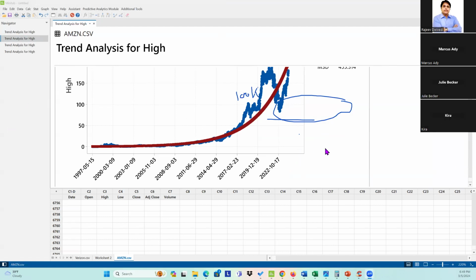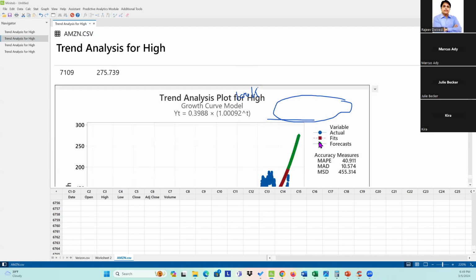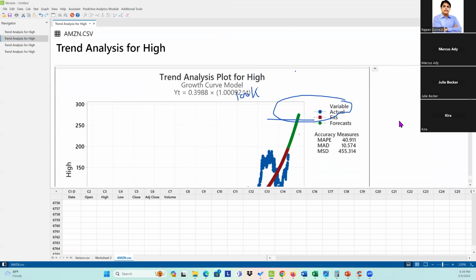You pointed out the numbers in that graph. So are those more accurate because they're lower? Yes. So basically, the difference between this is actual, and this is the best fit, which is very close to the actual number.